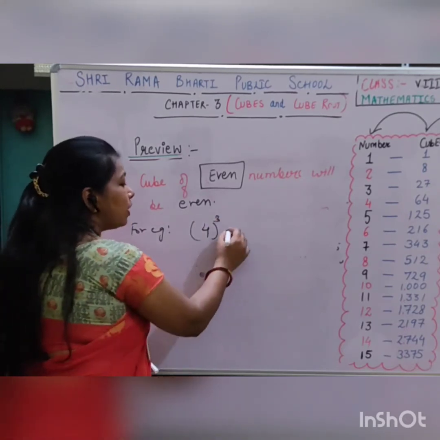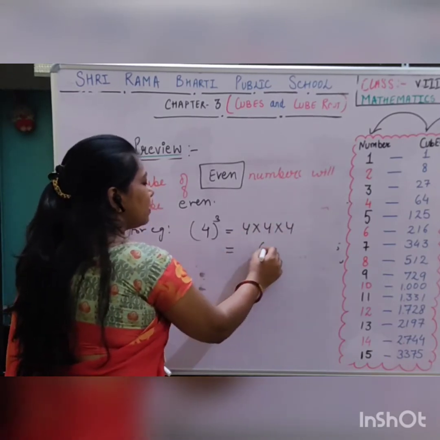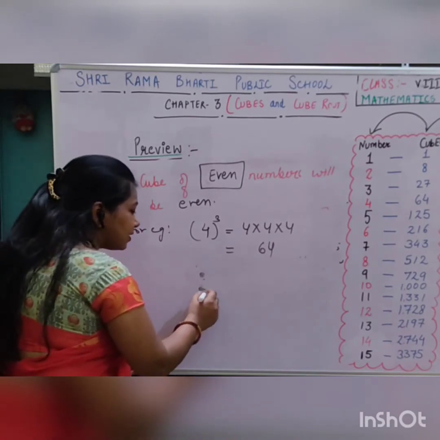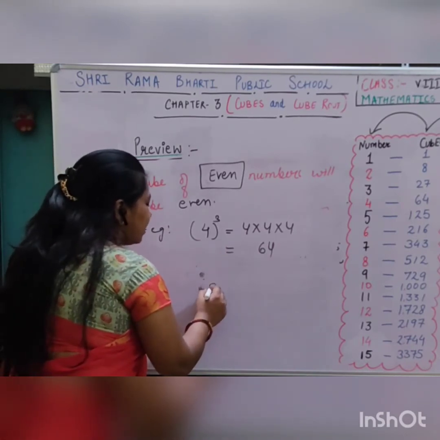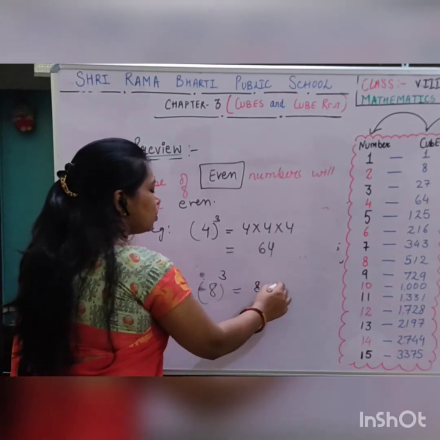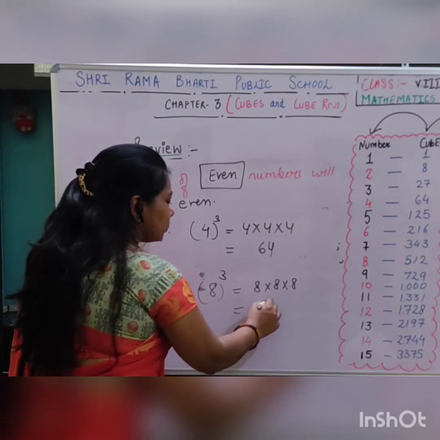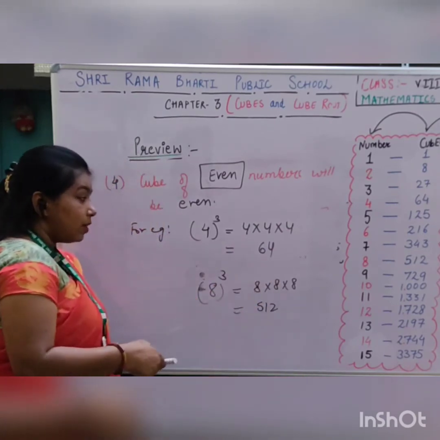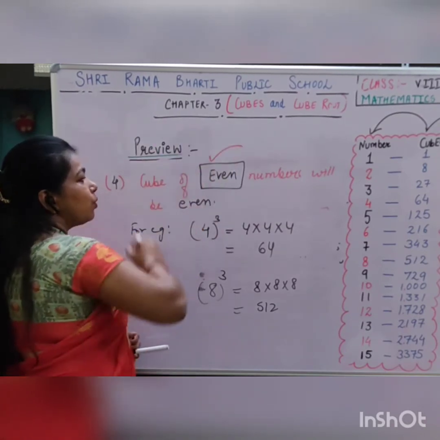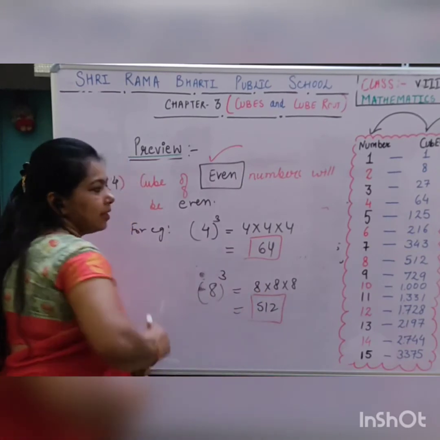So the cube of 4 will be 4 into 4 into 4. The answer would be 64. Right? And let's take another example, let's suppose 8. So 8 cube will be 8 into 8 into 8. Here we can see the answer would be 512. So it is clear with these examples that the cube of an even number will be even only.